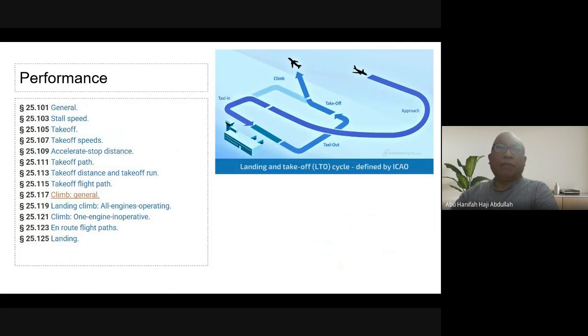The next subchapter is about performance. The performance of the aircraft covers stall, takeoff performance, takeoff speed, and accelerate-stop distance. You accelerate, you stop, and you still have enough runway left. You have to have a safe distance. There is a minimum requirement for the remaining balance of the runway.